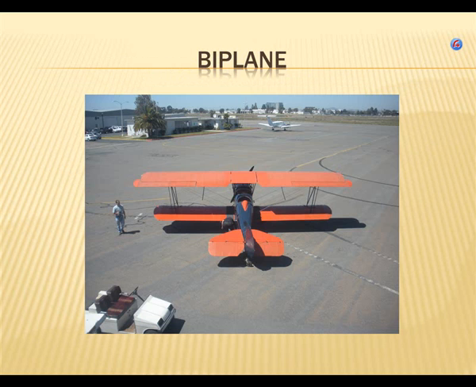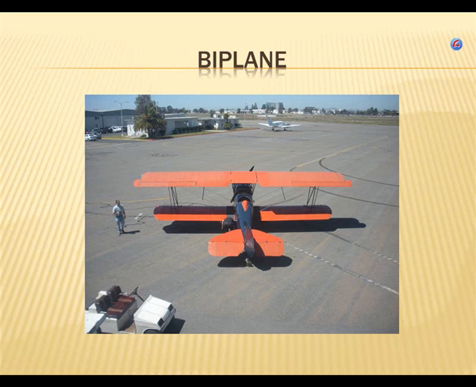There really isn't any advantage to having two wings like that in a biplane, because for the amount of weight and construction involved in the airplane, two wings do not produce that much more lift than a single wing would. And so, for the most part, when you see a biplane, an airplane with two wings, it's probably going to be pretty old.